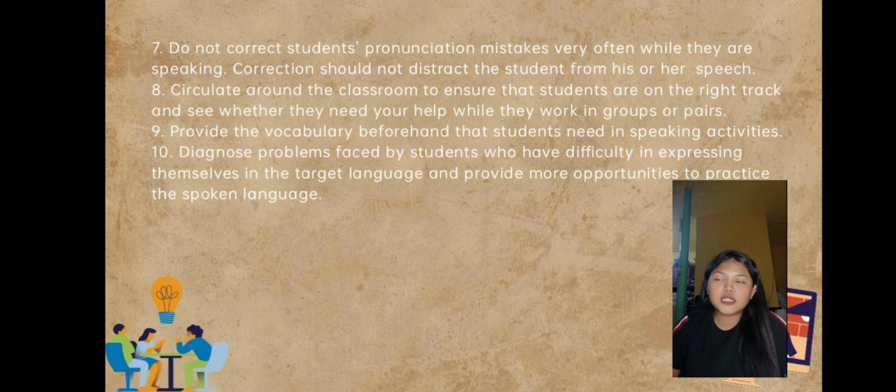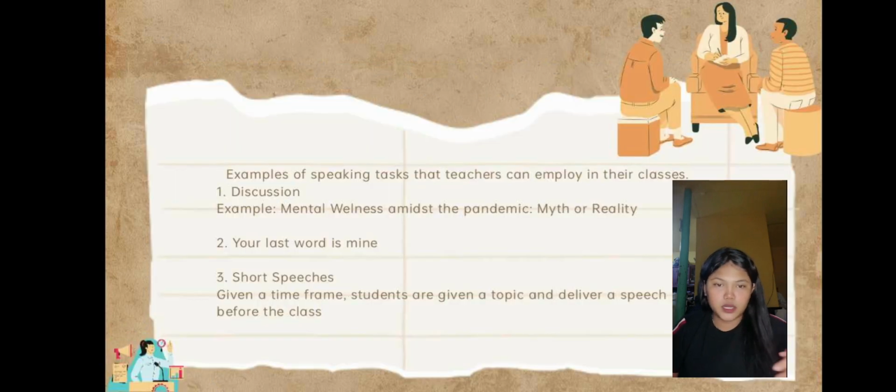Eighth, circulate around the classroom to ensure that students are on the right track and see whether they need your help while they work in groups, pairs, or individually. Ninth, provide the vocabulary beforehand that students need in speaking activities. Tenth, diagnose problems faced by students who have difficulty in expressing themselves in the target language and provide more opportunities to practice the spoken language.